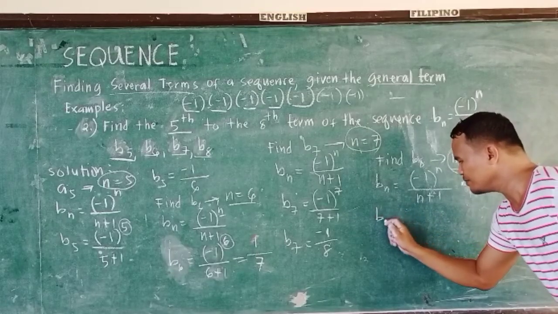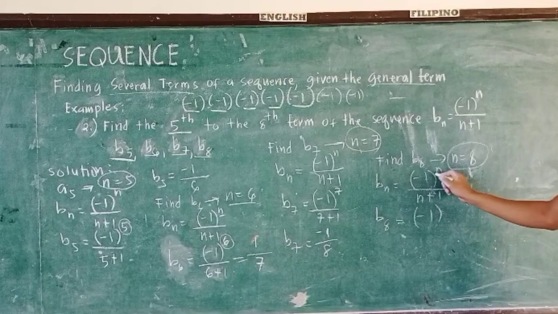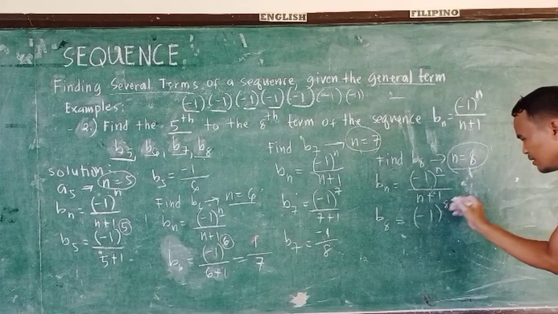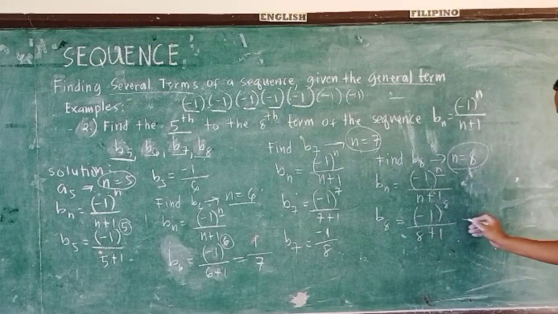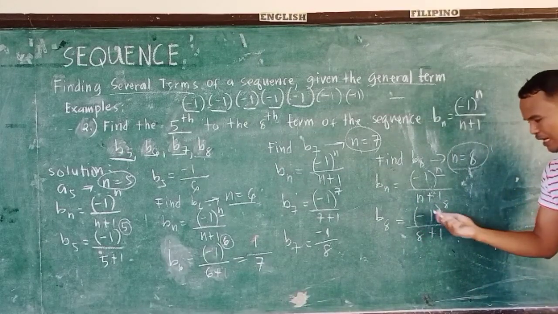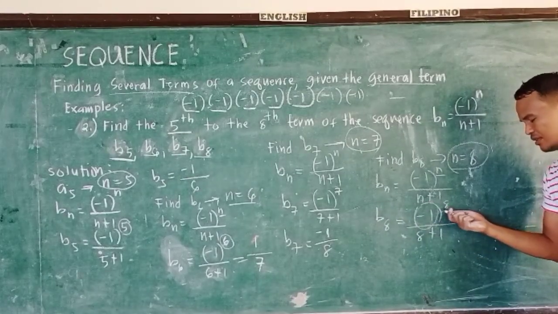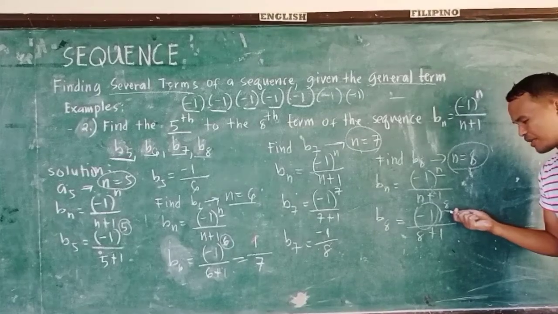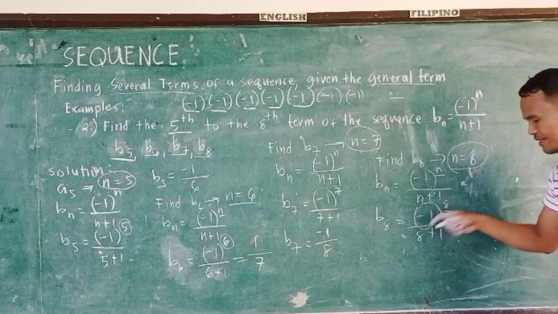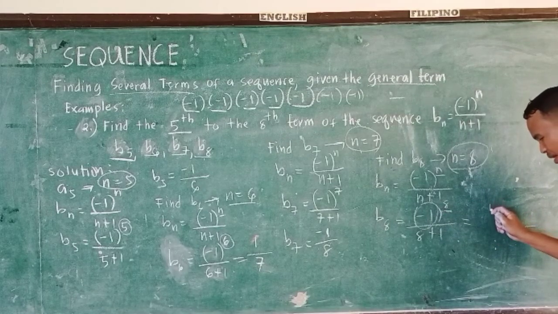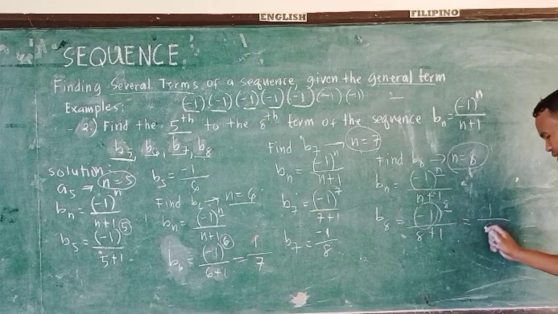So b sub 8 equals copy negative 1 in the parentheses, replace n with 8 over 8 plus 1. Now in this case, if our base is negative and our exponent is even, our result is positive. Since our base is negative 1, the result is positive 1 over 8 plus 1, that's 9.